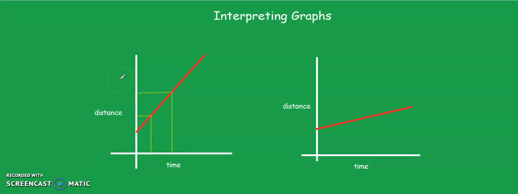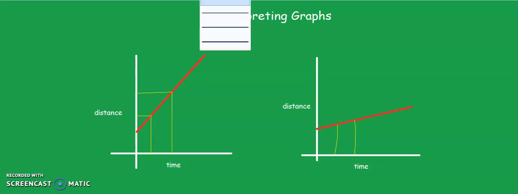So you can see that in this short amount of time here, the distance went up this much. So this is the distance that it changed, this much here. Now if we look at the other graph, if I pick the same amount of time, let's say from here to here, that's about the same.